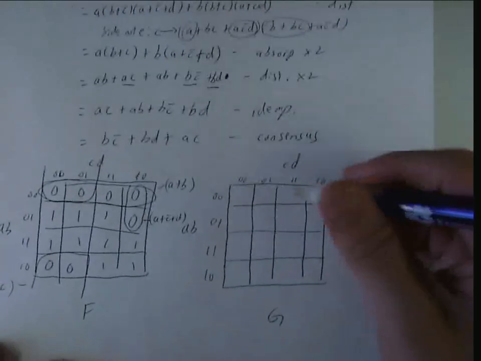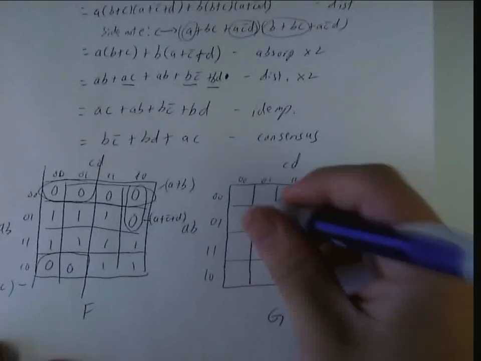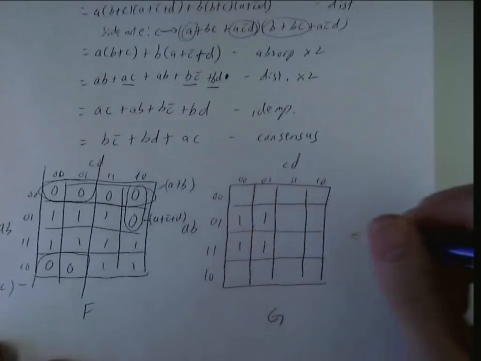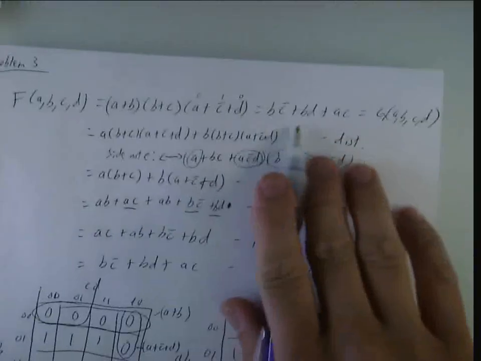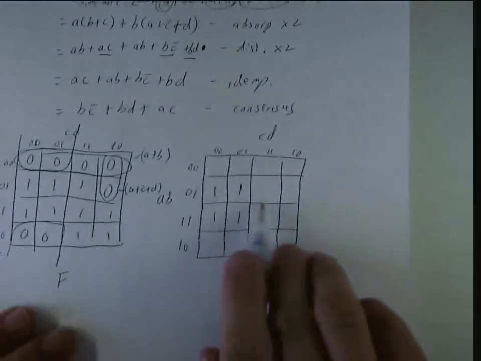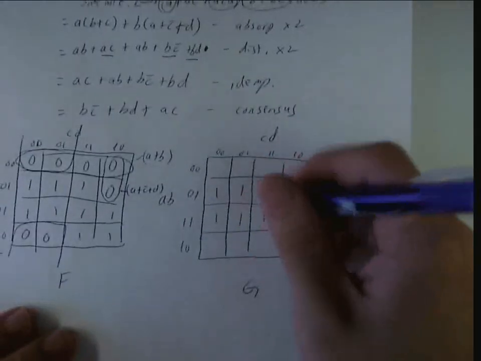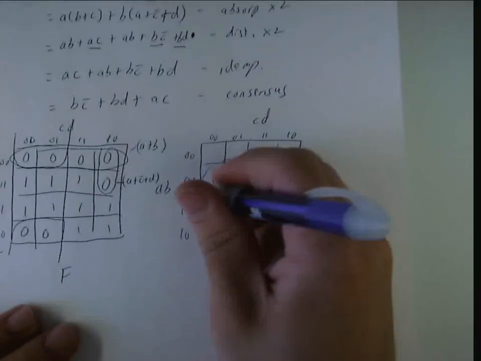And now G will be BC bar. So when B is 1 and C is 0, so I get these 1s here. And then I've got BD. And so that's when B is 1 and D is 1. So that's this. So draw my two loops. Keep forgetting to draw the loops.